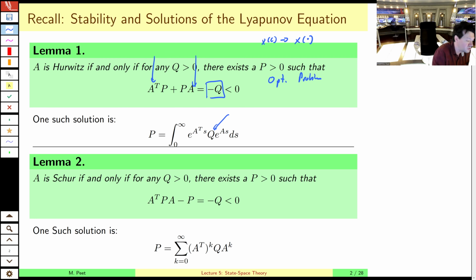There's our core, which encapsulates the system properties, the solution map, if you will, from state to signal. And then the integral transforms that solution to a property.